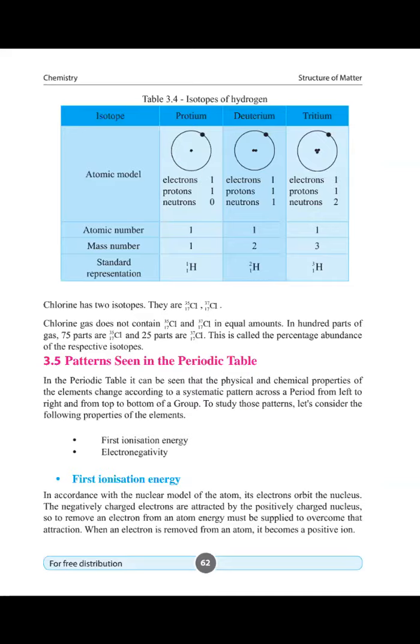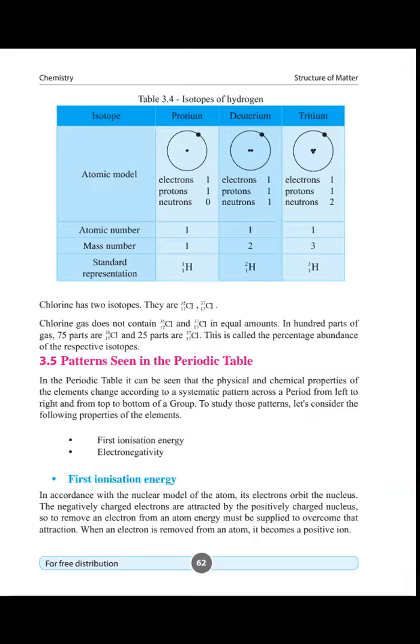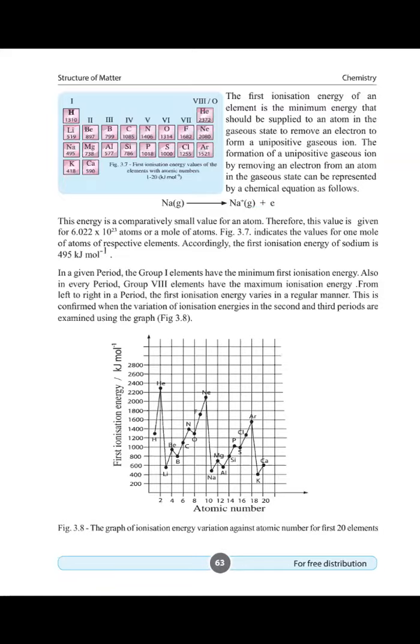Therefore, a considerable energy should be supplied to remove the first electron. If one electron is removed, it becomes positive. It becomes a cation or a positive ion, plus one ion.